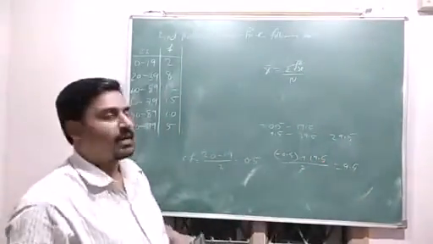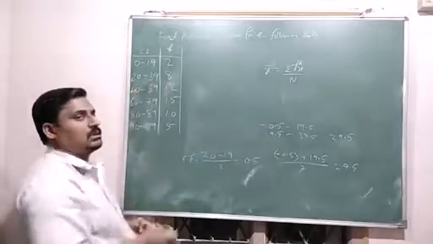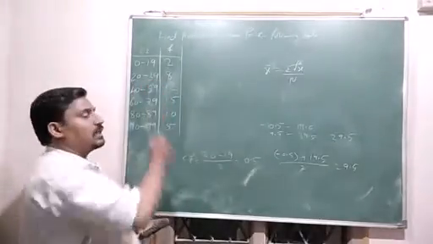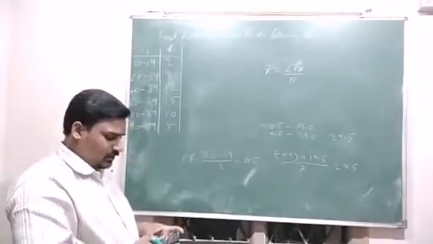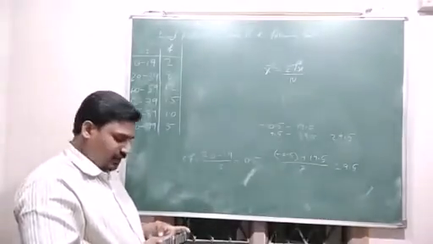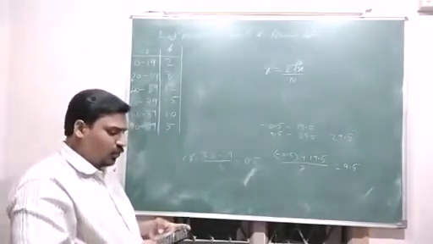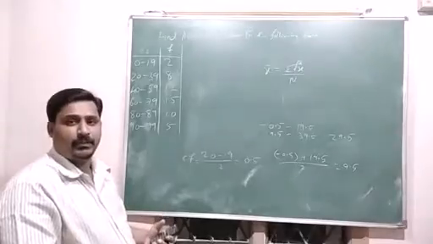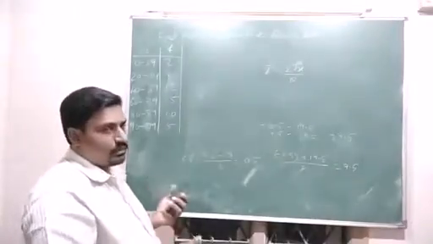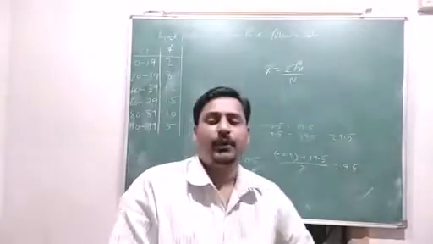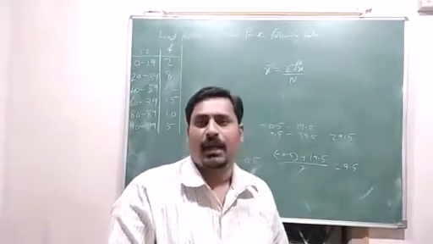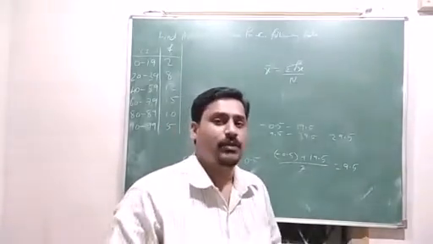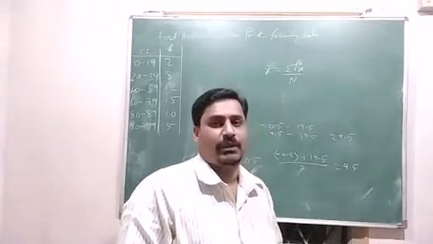Whereas for the inclusive class, 20 plus 39 is 59, and 59 divided by 2 gives 29.5. So by this we prove that we get the same midpoint for both the inclusive type and when we convert it to the exclusive type.